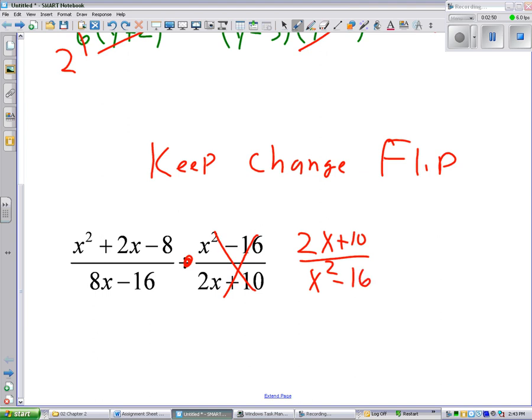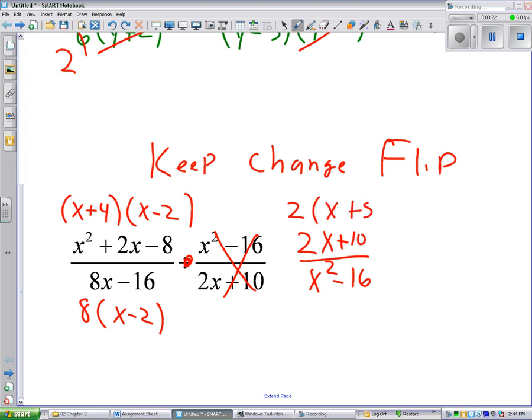Now, we treat it just like we did the multiplication problem and factor each part individually. So, x squared plus 2x minus 8 factors into x plus 4, x minus 2. 8x minus 16 factors into 8 times x minus 2. 2x plus 10 factors into 2 times x plus 5.